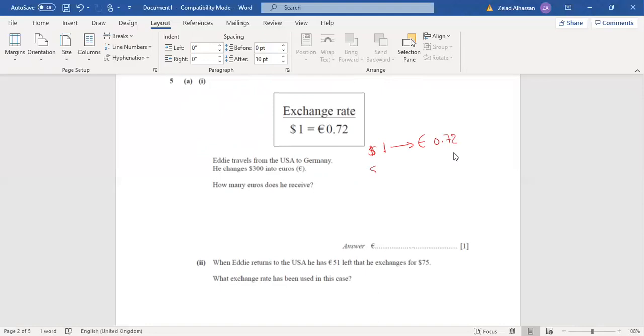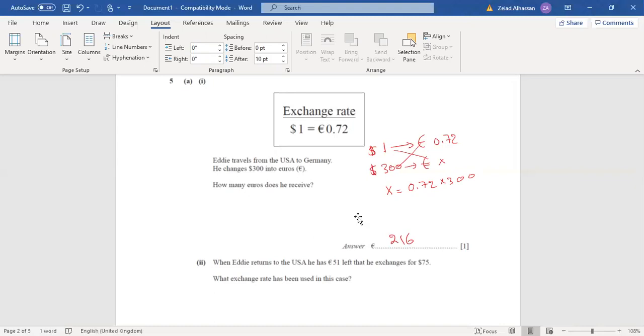So he changes this $300 into euros. That's an X. So cross multiply X times 1 is X equals 0.72 times 300. So let's calculate this. 0.72 times 300 equals 216 euros.